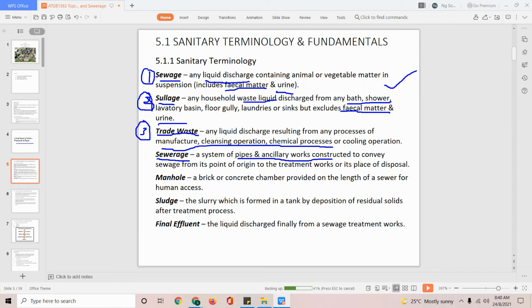So dissolving our animal or vegetable matter inside water, we will call it sewage. But when it contains chemicals, then this is a trade waste. Chemicals in the water are very damaging to the environment because they are non-natural. So it requires a separate process to treat it.